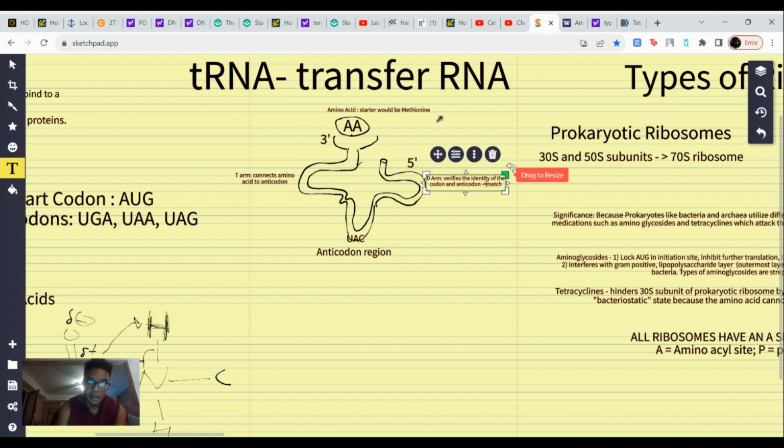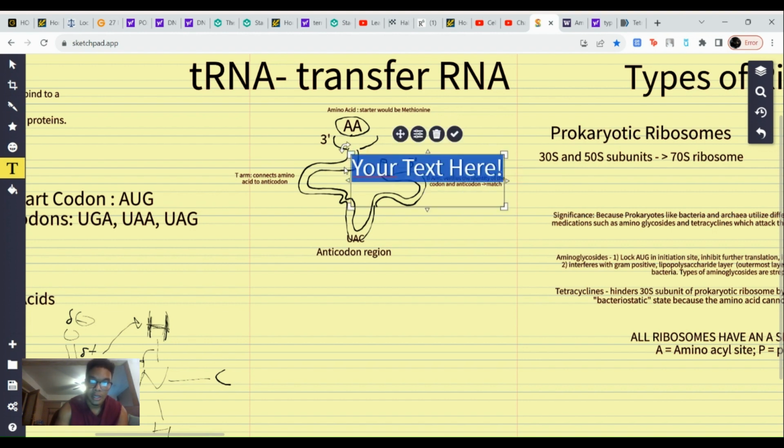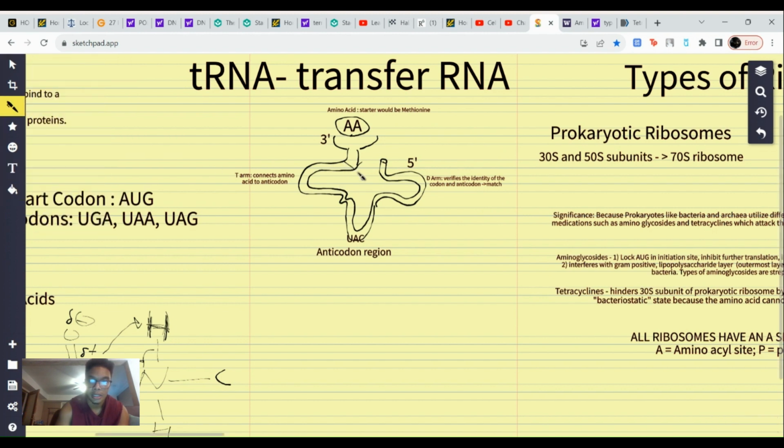So that's basically the tRNA structure. I didn't draw them, but there's basically a bunch of nucleotides here. This is not to scale, but there's generally quite a few of them. For the sake of simplicity, we're just going to make sure they're there, but it's not too accurate of a depiction. All right, moving forward.